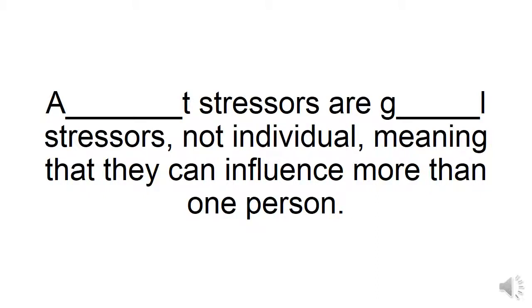A blank T stressors are G blank L stressors, not individual, meaning that they can influence more than one person. So it might be hard for you to fill in these blanks. If you know, great, and if you don't, that's great too. You're about to learn.